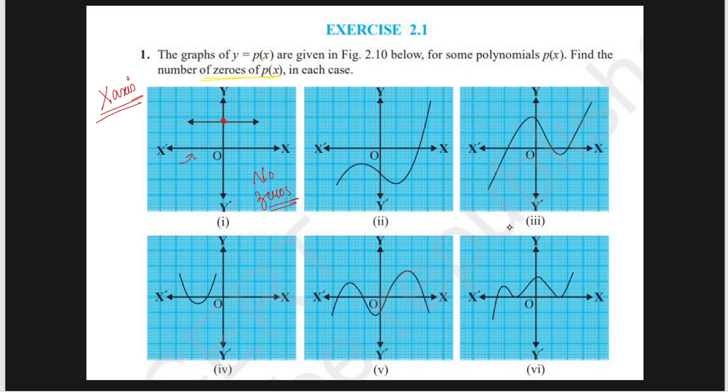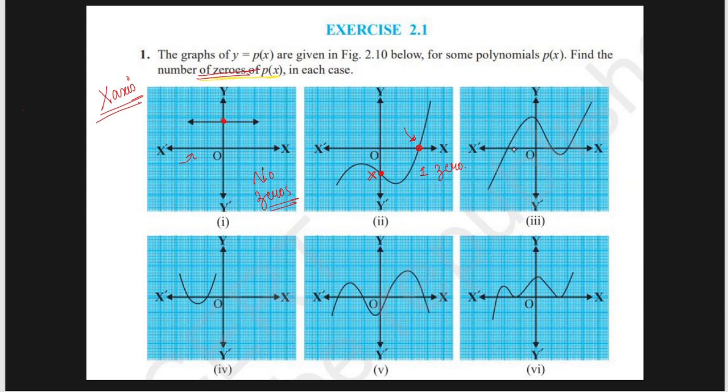Now coming back to the second part, I'll notice that it is cutting the y-axis over here, but this is not the point of consideration because I have to find the number of zeros. Only the x-axis. X-axis it is cutting over here, only once. So how many zeros exist? Only one zero exists in this case.